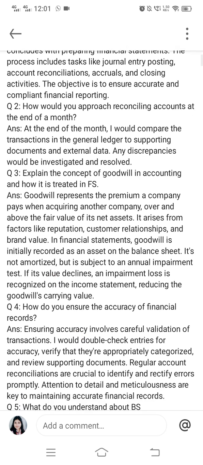Now, our third question: explain the concept of goodwill in accounting and how it is treated in financial statements. So, goodwill represents the premium a company pays when acquiring another company over and above the fair value of its net assets.